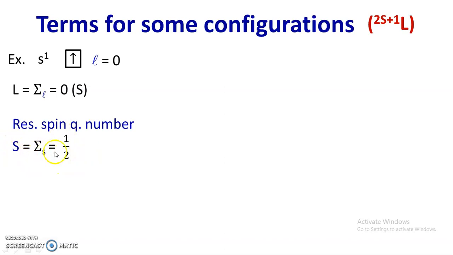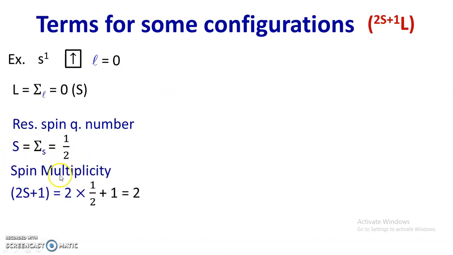Remember this capital S, this is the state symbol, whereas this another S, this is the resultant spin quantum number, this is half. Now the spin multiplicity, it is 2s plus 1, and value of S is half, so 2 into half plus 1, that is equal to 2.